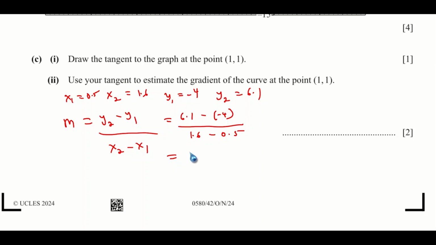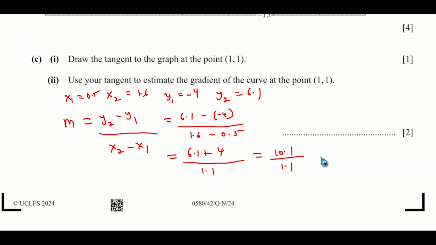So this will be 6.1 plus 4 over 1.6 minus 0.5, that will be 1.1. So finally it will be 10.1 divided by 1.1. If you input this into your calculator, you should get 9.18.